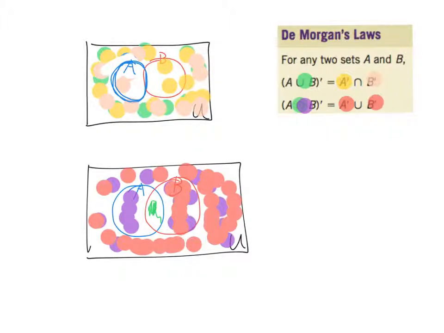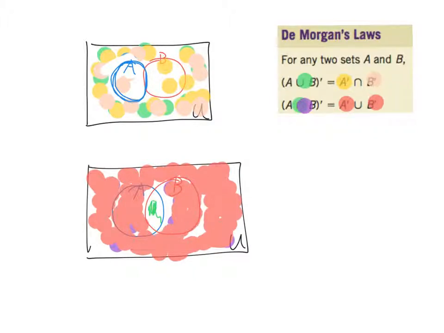B complement is everything that's not in B, I have to add it together. Did you notice that if I just keep doodling, I'm covering all the purple one? Didn't I just demonstrate that (A intersect B) complement is the same as A complement plus B complement, or A complement union B complement?